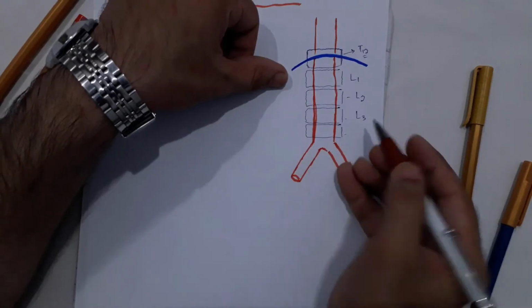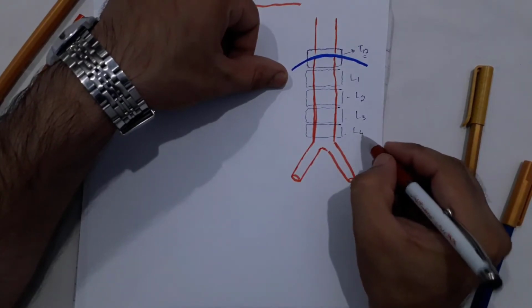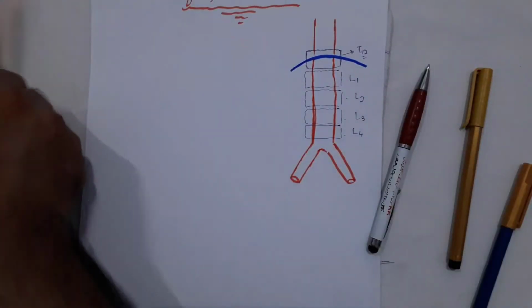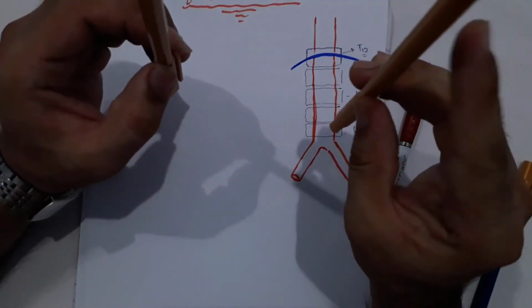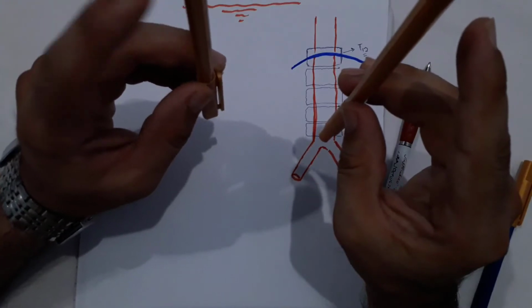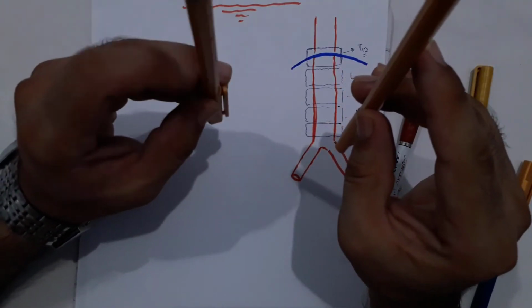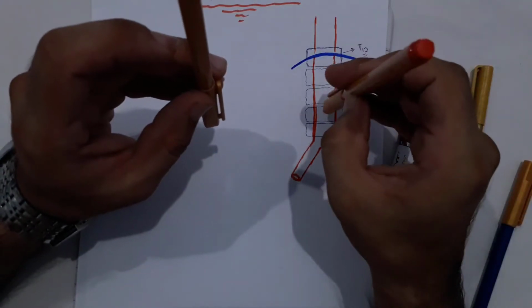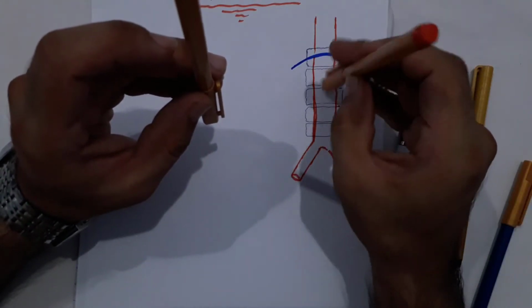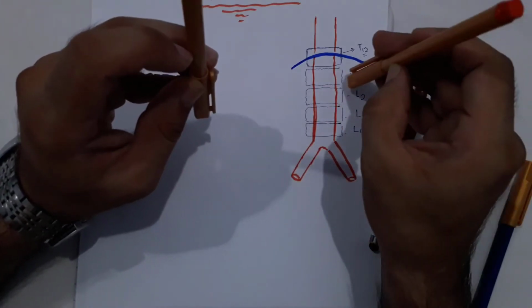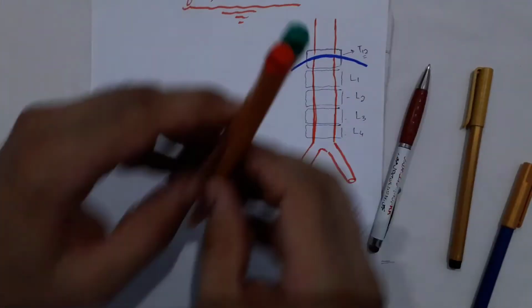On the dorsal side of the abdominal aorta there is the vertebral column, mostly the lumbar vertebrae.